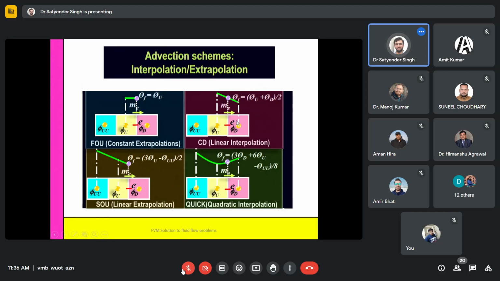Similarly, we have CD, where the average of one downstream and one upstream is assigned to calculate a particular variable. The same approach is also followed in the energy equation for temperature, to calculate temperature fluxes, enthalpy fluxes, and similarly here for momentum fluxes. And likewise for QUICK, we assign different weightage to upstream and upstream of upstream, and also involve one downstream cell center to give a weightage. Accordingly, a particular variable will be calculated.